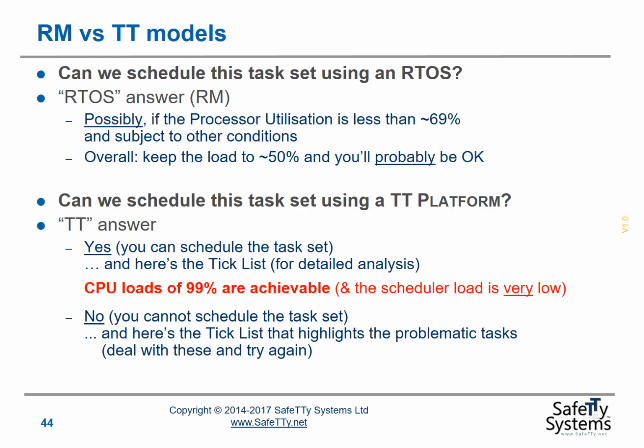In a TT case, we have to do a little more work to create a tick list, but once we've created that tick list, we get a great deal of confidence in the answer to the question of whether we can schedule a given task set on a given platform and meet requirements such as jitter, response time, etc. We get a clear answer to those questions through the use of a detailed model and a tick list.